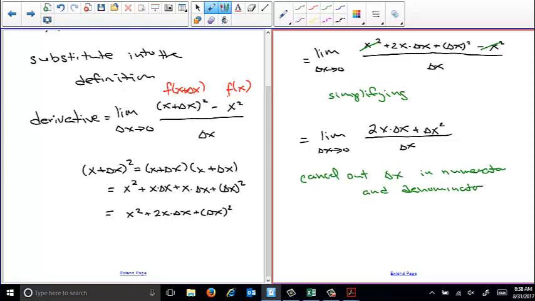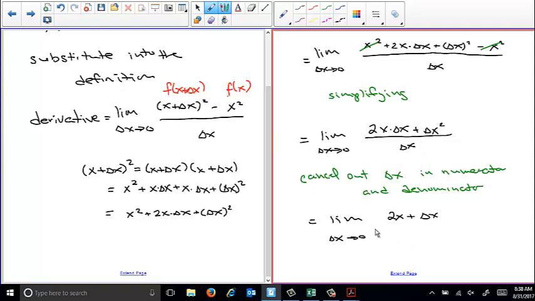Or divide out, I guess. Maybe that's the way I'm supposed to say it. Divide out. So once you've divided out the delta x, what you have left is 2x plus delta x. So this delta x cancels out with that delta x, and the delta x here has to also be dealt with in this second term. So you have delta x squared divided by delta x, which is delta x.